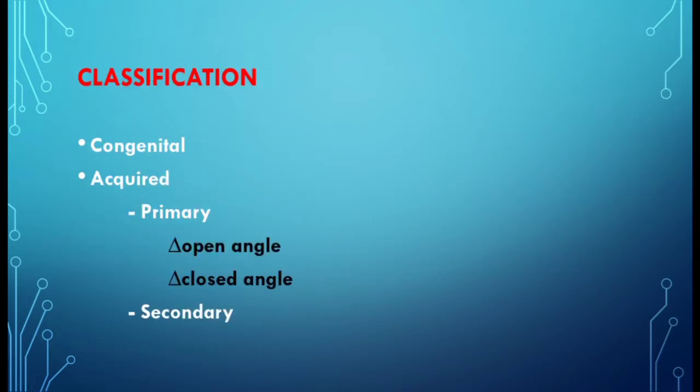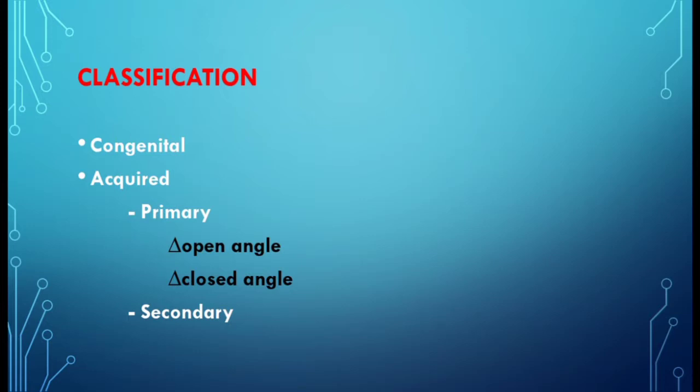Next, classification of glaucoma. It is divided into two types, congenital and acquired. Congenital glaucoma means he has glaucoma from birth. In acquired glaucoma, he acquires glaucoma during his or her lifetime. Acquired glaucoma is further classified into primary and secondary. Secondary glaucoma happens due to other systemic or ocular conditions.